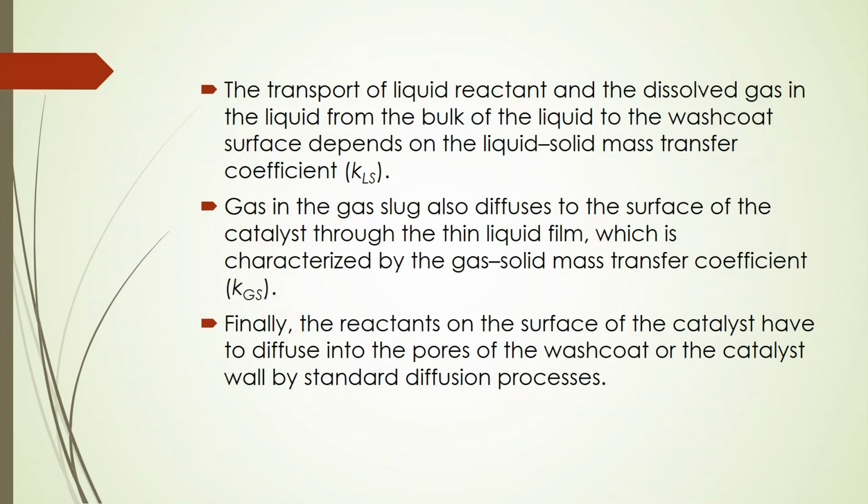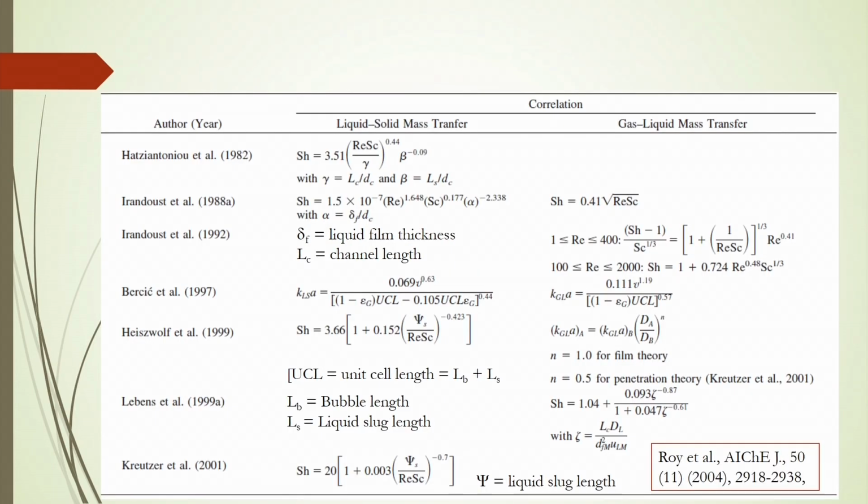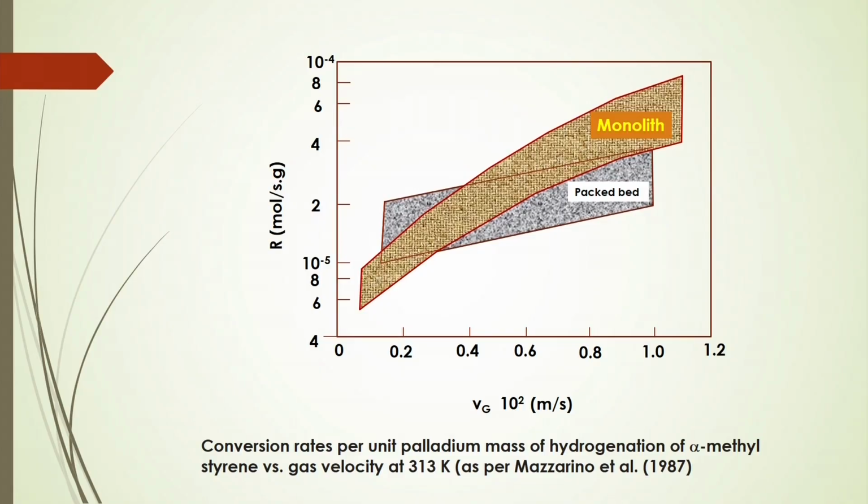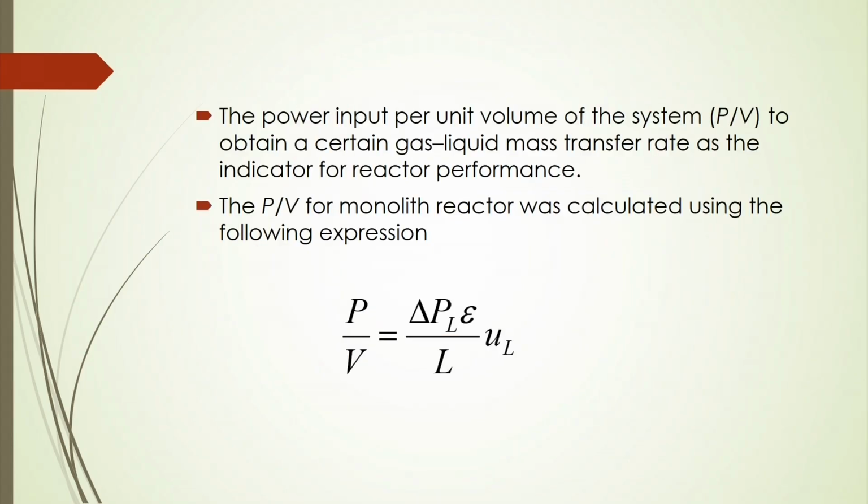You can go through these slides in more detail for the mass transfer coefficient calculation from correlations, the effects, how gas-solid mass transfer happens, the different regimes of reaction rates based on the mass transfer coefficient, and also the comparison of monolithic and packed bed reactors.